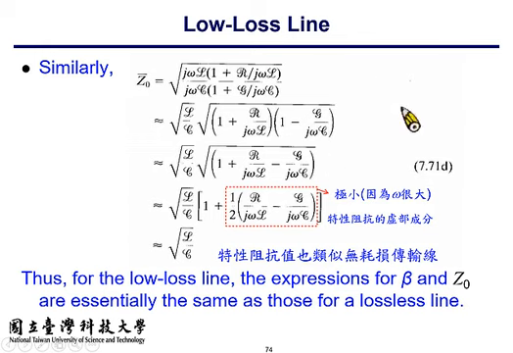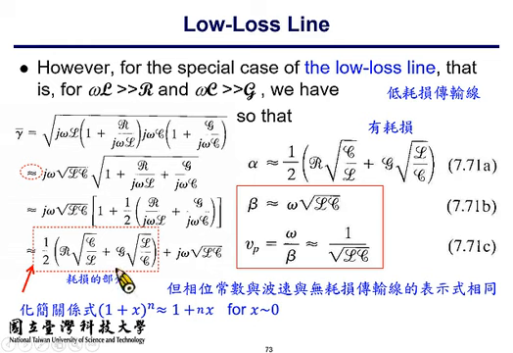And the expression can be further simplified by using the small number approximation principle again. So here you have the square root, which is a power of 1 over 2, so the small number approximation becomes 1 over 2 times R over j omega L minus G over j omega C. Note that in the previous slide, the two terms cannot be neglected because they are a positive real number plus another positive real number.